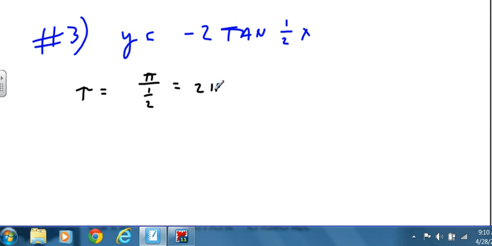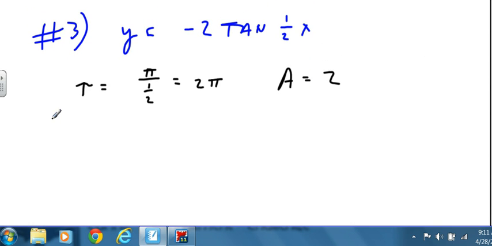So isn't that lovely? Yes, it is. I've got an amplitude. My amplitude is 2. I got a negative sign I have to worry about. So normally the tangent function is going to do this, but because I have a negative sign, what's on the bottom is going to be on the top, and what's on the top is going to be on the bottom.